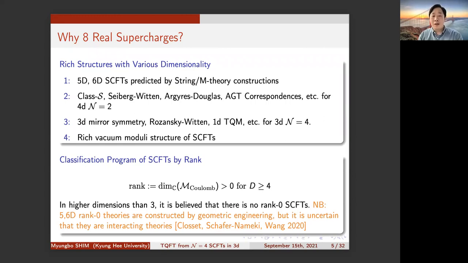Secondly, there are a lot of interesting theories such as class S theory, Seiberg-Witten duality, Argyres-Douglas theory, AGT correspondence, and so on for the 4D N=2 supersymmetry. In the 3D case, we have 3D mirror symmetry, Rozansky-Witten theory, and 1D topological quantum mechanics and so on for N=4 supersymmetry. And this kind of theory has a rich structure of vacuum moduli space.